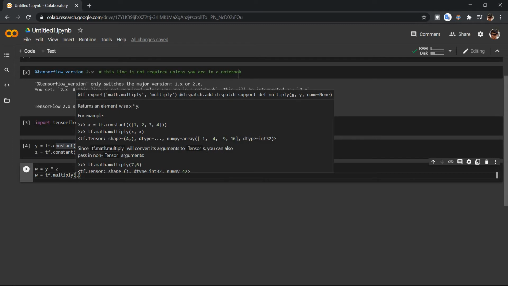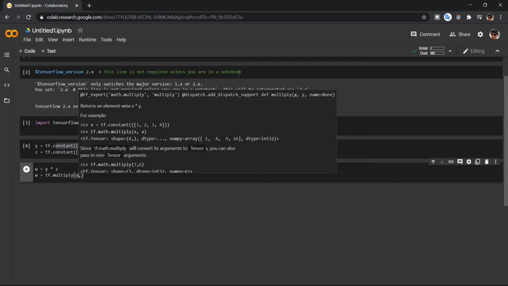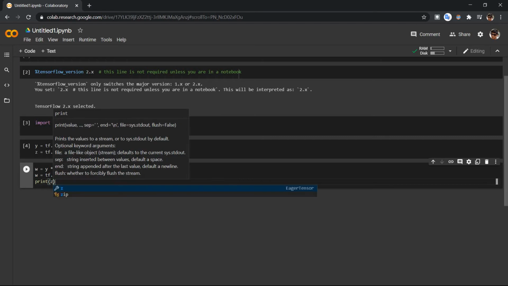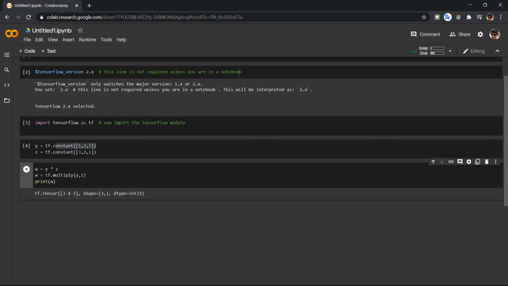So let's say Y and Z, and let's print W, sorry, and there will be an element-wise multiplication, like 1 into 3, 2 into 2 is 4, 3 into 1 is 3.